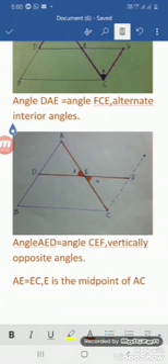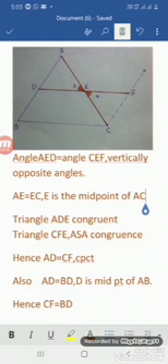Now we have got two angles and the included side. Thus we have proved that triangle ADE is congruent to triangle CFE by ASA congruence, angle side angle congruence.